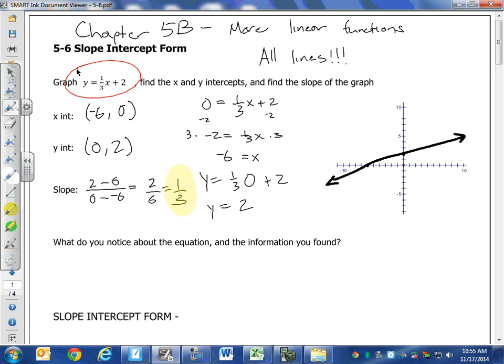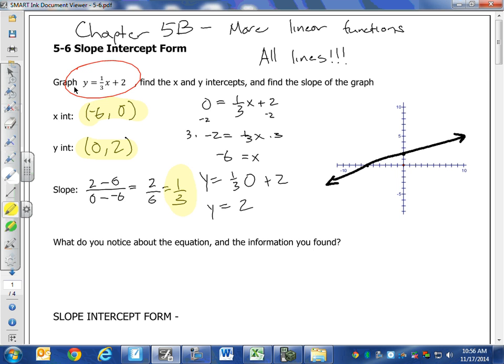Stuart, do you notice anything? I just want you to look at these 3 things, Miss White. This, this, this, and look at this at the same time. Do you see anything? It's not about how I got my answers. It's about looking at the answers and looking at the equation.